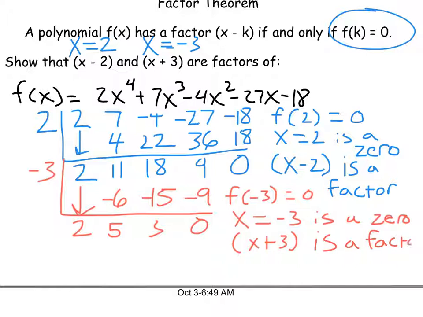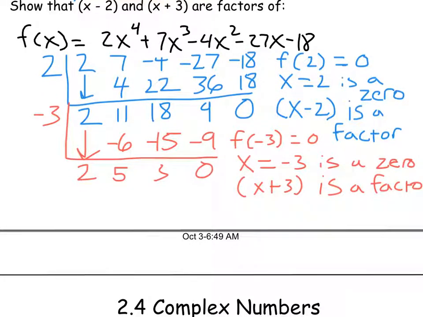Now the last thing I want to show you here is, if I go back and write out f of x, this is kind of a nice thing that I can use to find some zeros but don't need it to find all of them. This could have as many as 4 zeros. Okay? I've already shown that I could take out a factor of x minus 2.